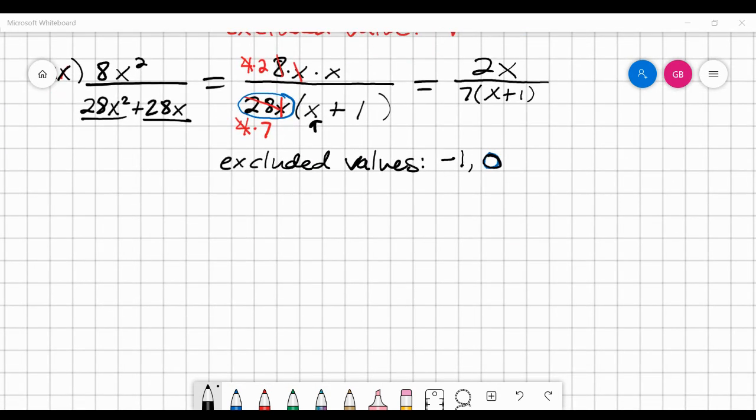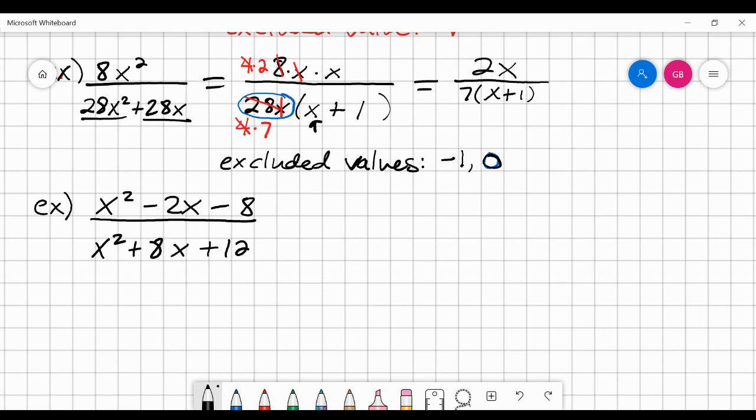All right, let's do one more. Let's go with x squared minus 2x minus 8 over x squared plus 8x plus 12.